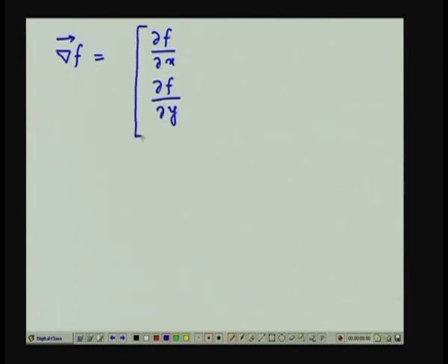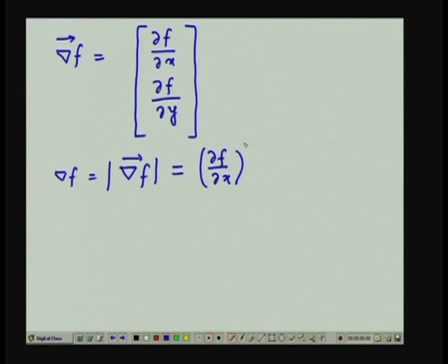So, this is what gives the gradient of a function f. And what we are concerned about for enhancement is the magnitude of the gradient. So, magnitude of the gradient we will write as del f, which is nothing but magnitude of the vector grad f, which is usually the square root of (del f by del x) squared plus (del f by del y) squared.